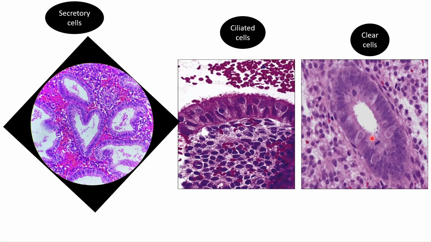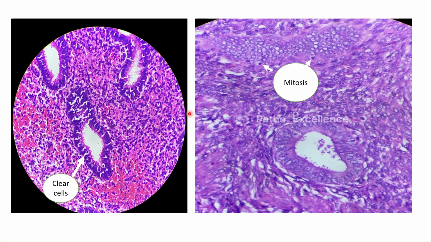And here you can appreciate the clear cells. They are lying in between the secretory cells, and they are thought to be producing ciliated cells in the gland. Here you can appreciate numerous clear cells lying in between the secretory cells.